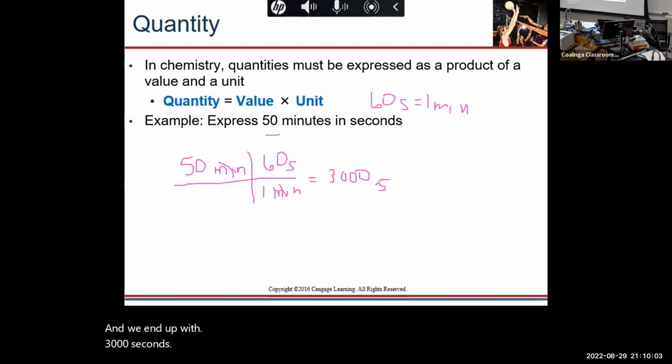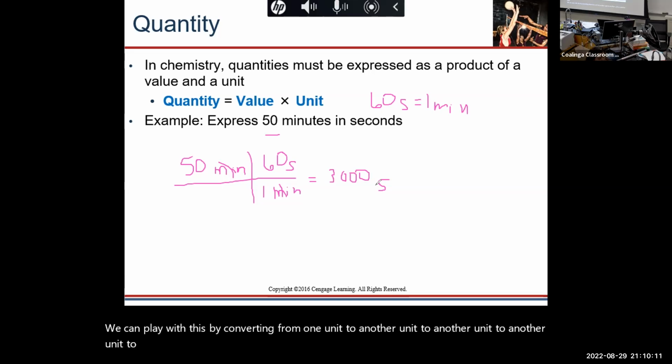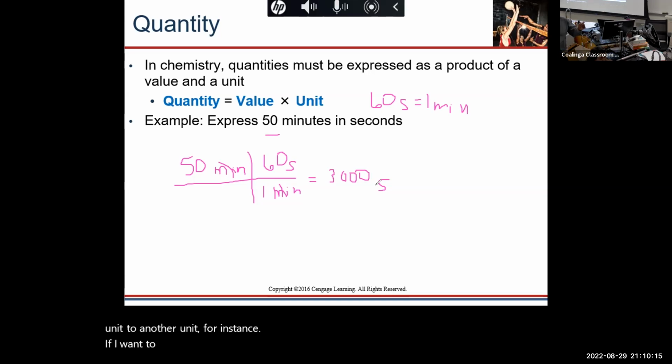Now, we can play with this by converting from one unit to another unit to another unit. For instance, if I want to change a decade, what is a decade? 10 years. I want to change a decade into seconds. Oh, hell no, that's going to take forever.